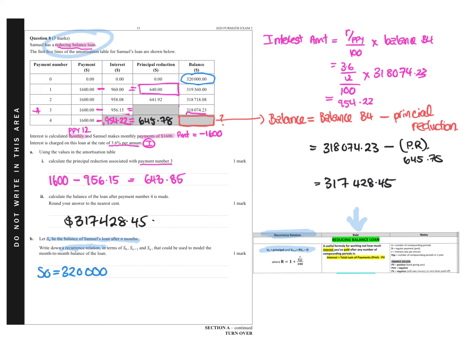Then the rule part, S_(n+1) equals R times S_n minus D. R you'll have to calculate: R is 1 plus the rate per annum, 3.6 over 12 over 100, which gives 1.003. And D is the regular payment, which we can see is 1,600. So there's the recurrence relation for that.